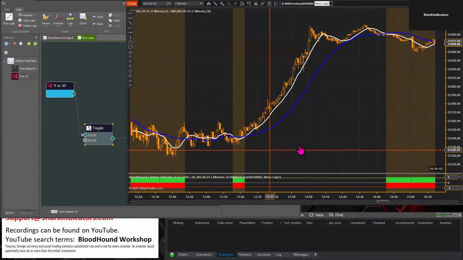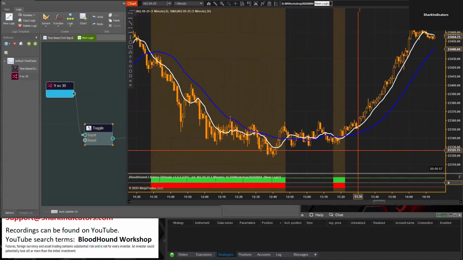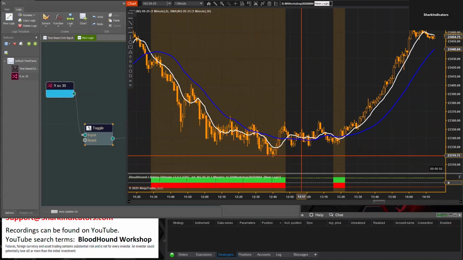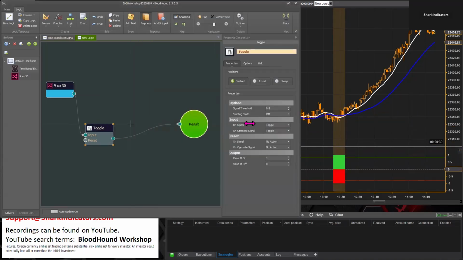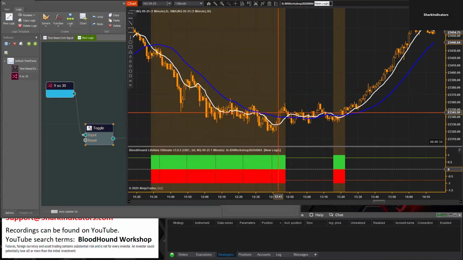We can see it's toggling on and off here. Let's see what is initiating it. It looks like a cross down is toggling it on, and then a cross up is toggling it off. In toggle mode, at least with this setup, it depends on whatever the first crossover signal is at the beginning of your chart.